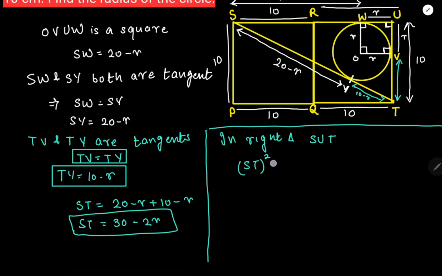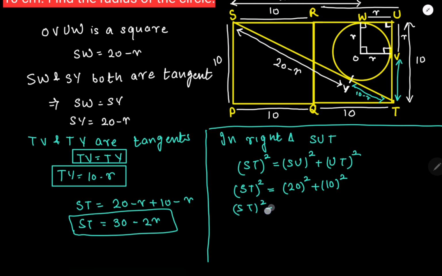ST square is equal to SU square plus UT square. SU is 20, so 20 square, and UT is 10. So ST square is equal to 400 plus 100, that is 500. So ST will be equal to the root of 500, and ST is equal to 10 under root 5.